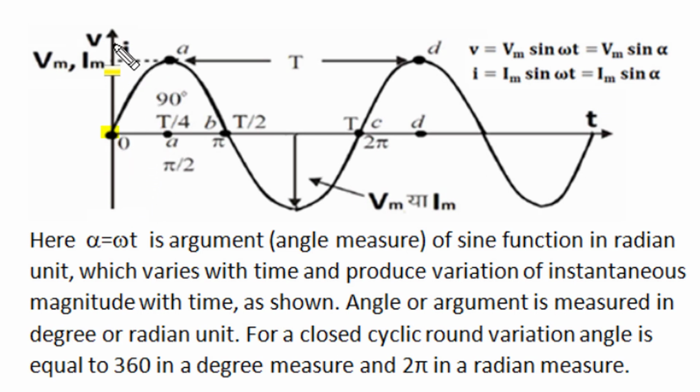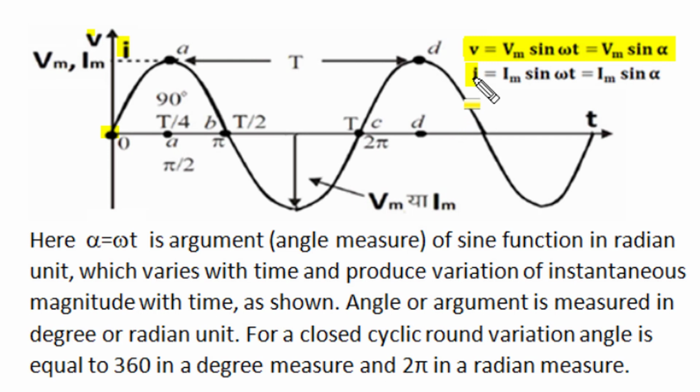The magnitude of current or voltage at any time instant is known as instantaneous magnitude, and the instantaneous magnitude of voltage or current, shown by small v and small i, is mathematically represented by this yellow highlighted trigonometric relation.